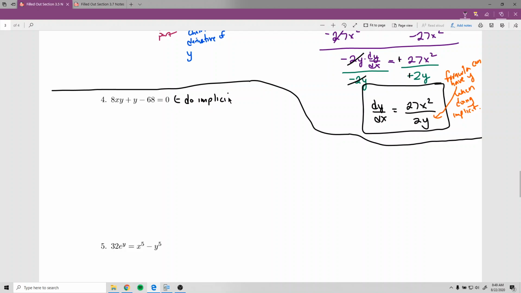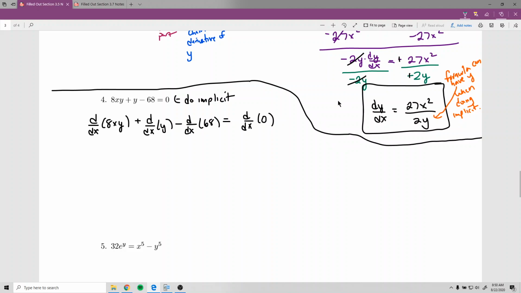So I'm just going to start writing do implicit for the same reasons as above. Y is not by itself. That means do the derivative of each part. So we want to do the derivative of 8x times y plus the derivative of y minus the derivative of 68 equals the derivative of 0.